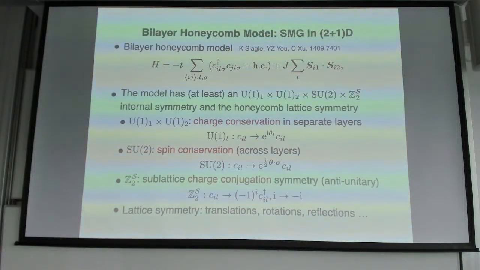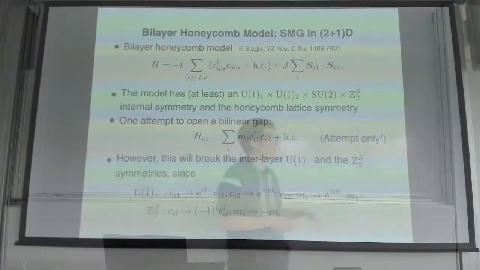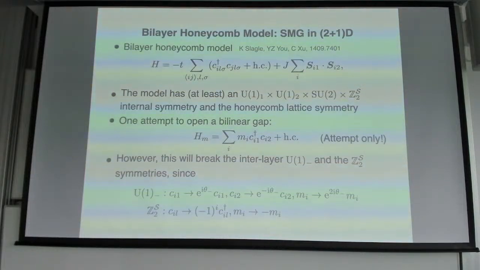In the honeycomb lattice, you have translation, rotation, reflection. The point is that although it looks very complicated, it turns out if you check it carefully, all these symmetries of the model rule out any possible fermion bilinear mass term. You can't write down any bilinear term to gap out the system, if you want to respect all these symmetries. The most important symmetries turn out to be this conjugation symmetry and translation symmetry.